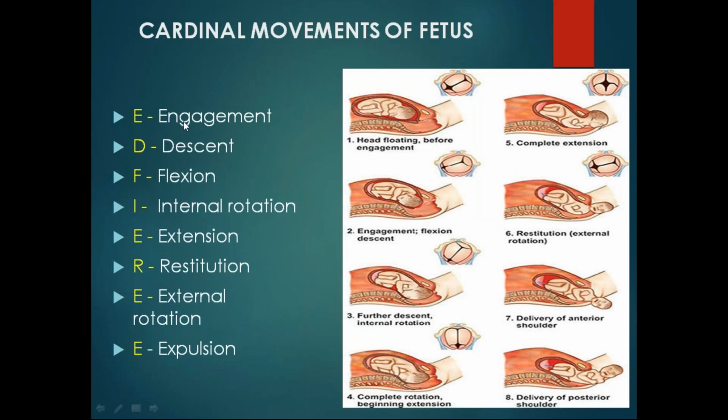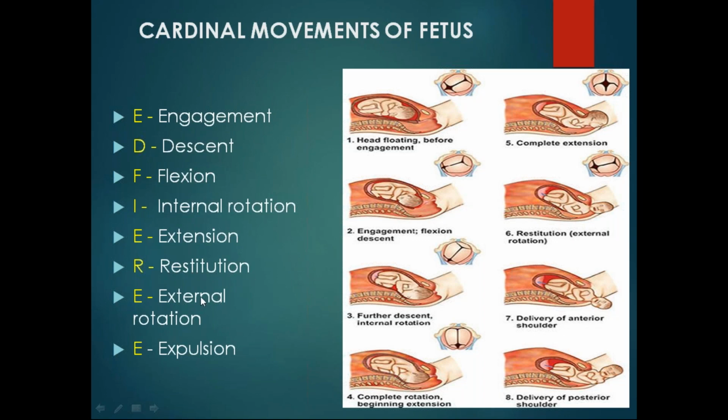So it got engaged, continued to descend, underwent flexion so that the chin bends onto the thorax and the smallest diameter presents. Then it undergoes internal rotation so that it comes into the anteroposterior direction, extends its head, comes out. The head has come out of the pelvic cavity. It untwists by what is called restitution.